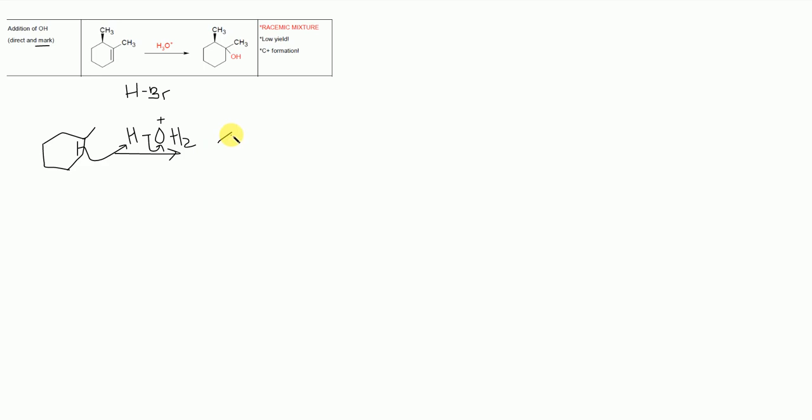And so the double bond is removed, and just like before, I have to form the carbocation that's more substituted because it's more stable. And then I get my hydrogen substitution over there, right?